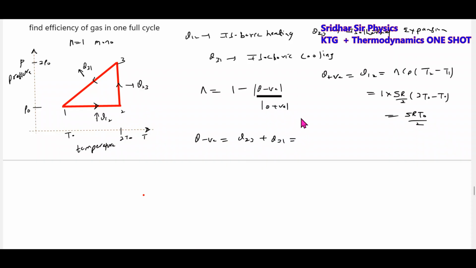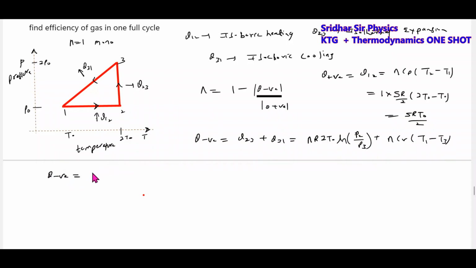Q23 isothermal compression: NR temperature 2T0 log of final volume by initial volume, or initial pressure by final pressure. Q31 isochoric cooling, NCV (T1 minus T3).